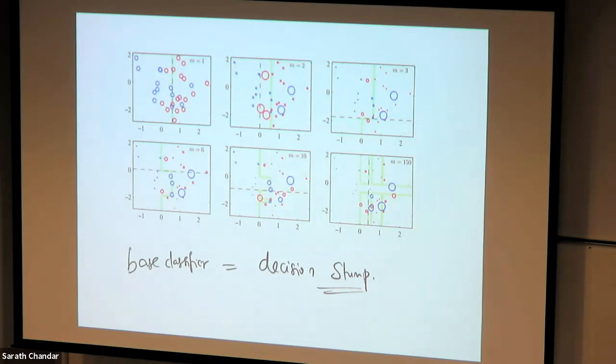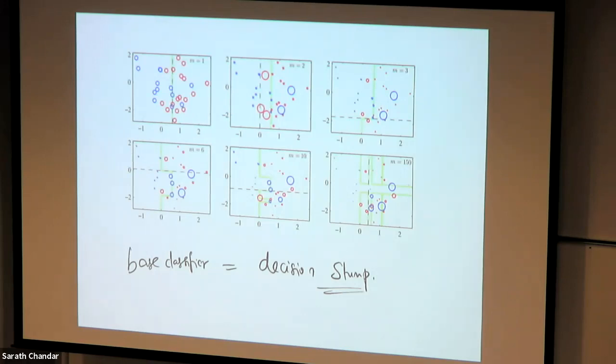If you think about decision trees, you take a feature, you make some test, then you go to the next level, make some test, go to the next level, make some test, right? So it's a deep tree. However, a decision stump is a tree with just one node. You pick a feature and you make a test based on that feature.